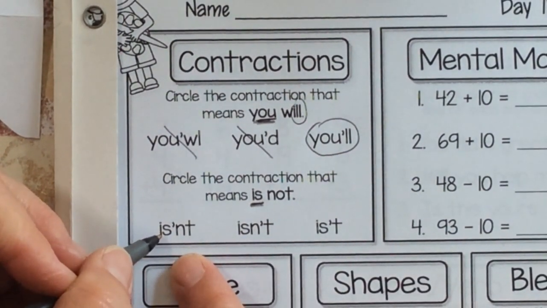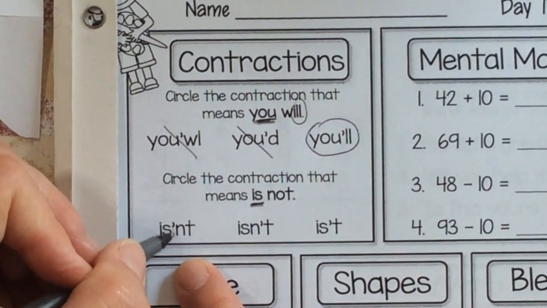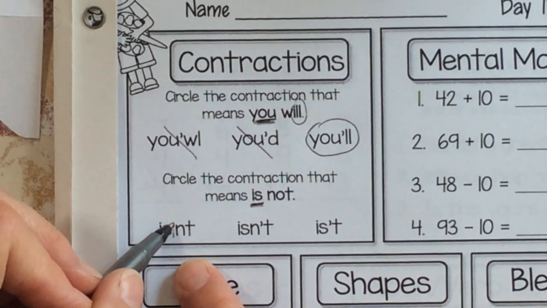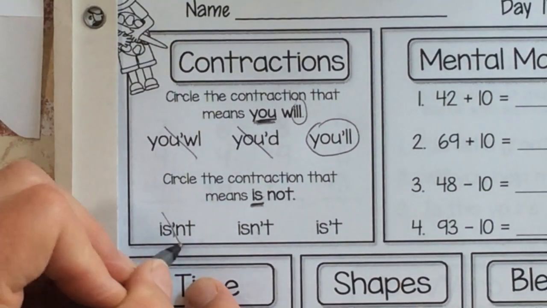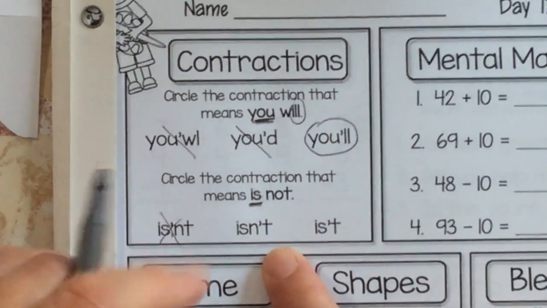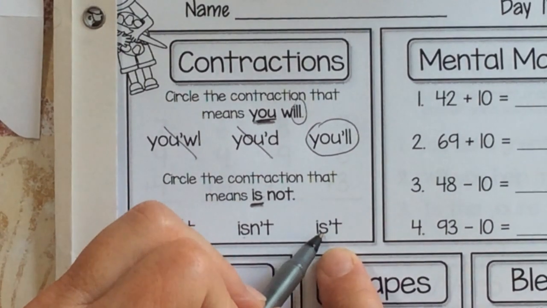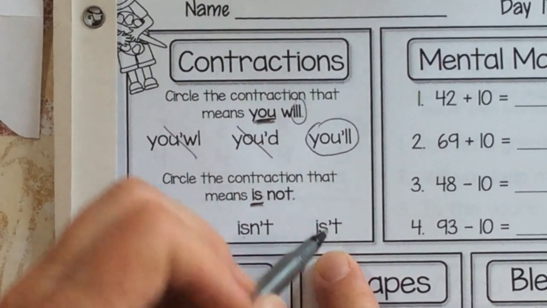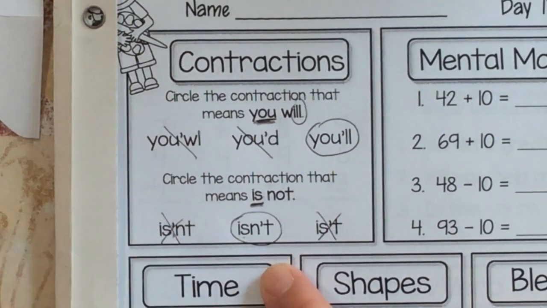So we have isn't, but this one is wrong because there's nothing that was taken out of here. Remember, the apostrophe takes the place of a letter, and there was no letter between these two, so it can't be that one. There's this one and this one. Well, I've never seen that. Isn't. There we go.